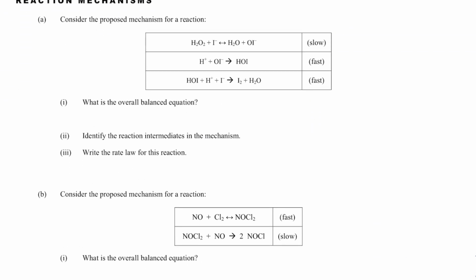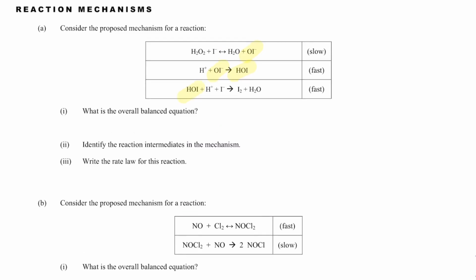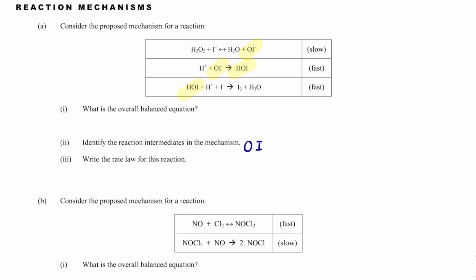Okay, the last topic we'll cover is reaction mechanisms. So if I wanted to get the overall balanced reaction, what I'm going to do is look for things that will cancel. The things that cancel are going to be our intermediates, so I can answer that question: OI with a -1 charge and HOI.